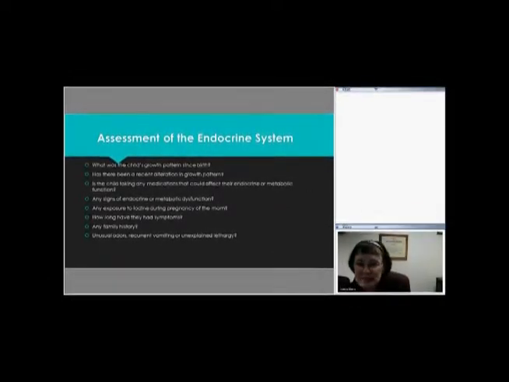Okay, to assess the endocrine system, there are certain things that you want to look at. I think it's become pretty clear now throughout all of these systems that one of the most important things to pay attention to is the child's growth pattern. Is their head growing like it should?